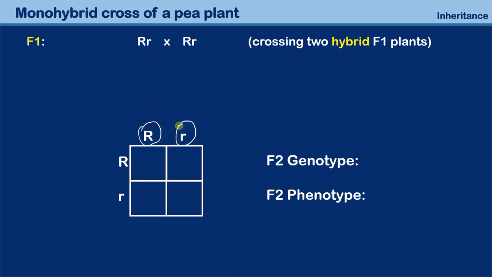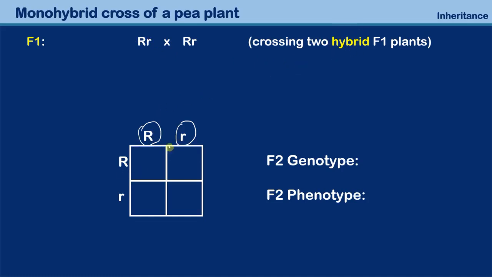So now we have two different types of gametes. 50% of the sperm cells, let's say, are dominant for red, and 50% of the sperm cells are recessive. So if they tell you somewhere that 50% of the gametes have one allele and the other 50% have the other allele, then you know that the parent must be heterozygous or hybrid.